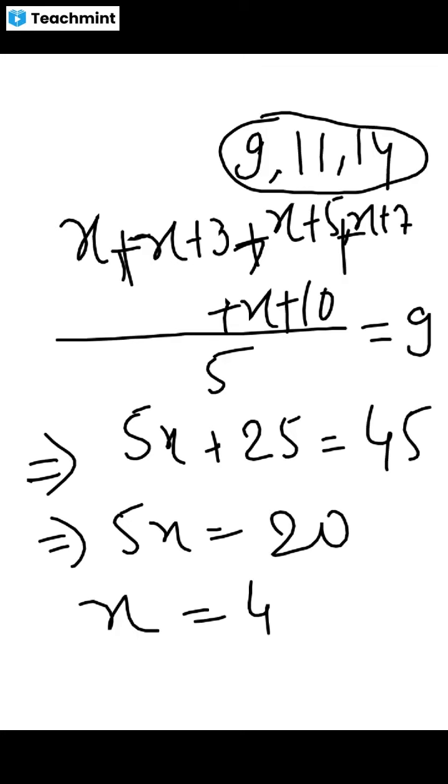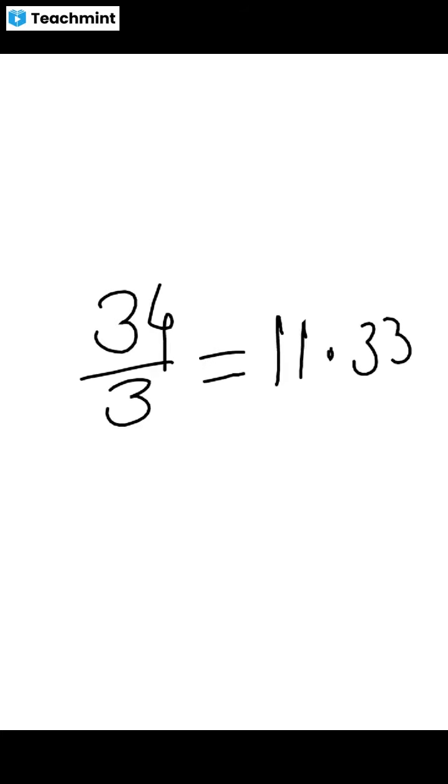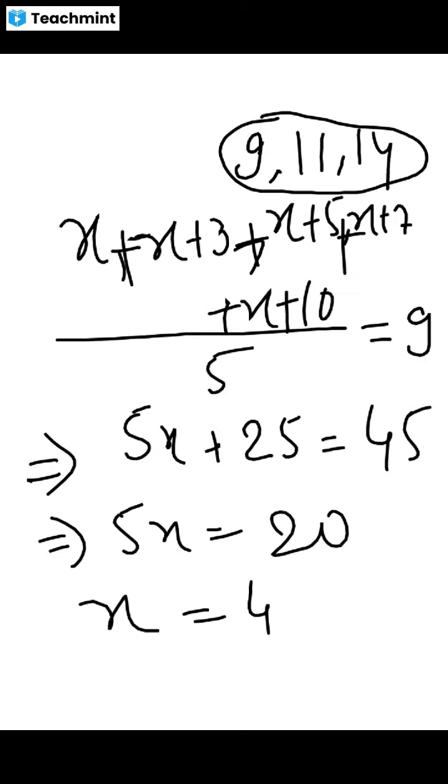This is equal to 11.33. Ma'am, I didn't get this answer. Okay, that's why it became wrong. So have you got the solution? Ma'am, after that 5x plus 25, I didn't understand.